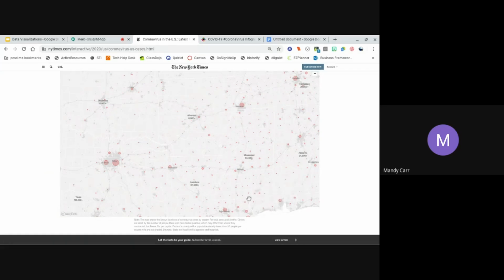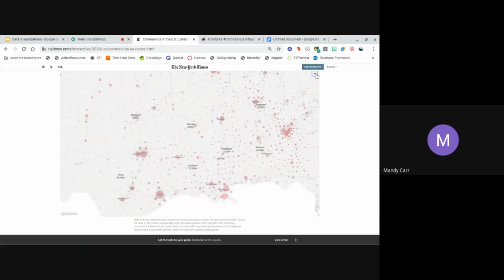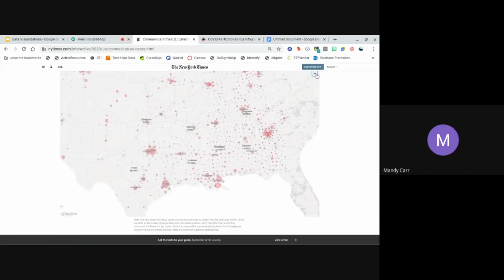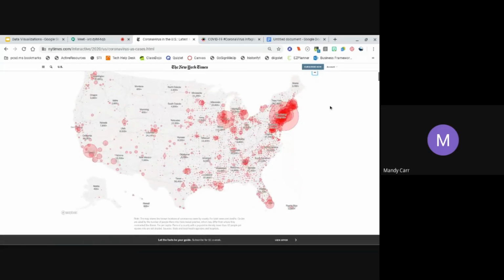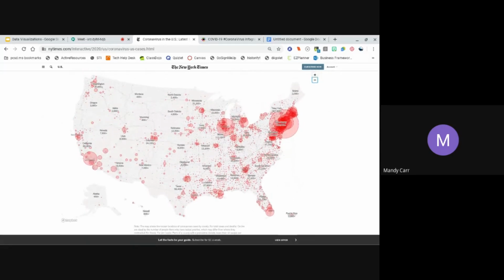Okay, but this is an example of a bubble map. This is where they took some of that data from the CDC about the numbers of cases, and they created this data visualization just to make it easy for us to see where the cases were and who had the most.